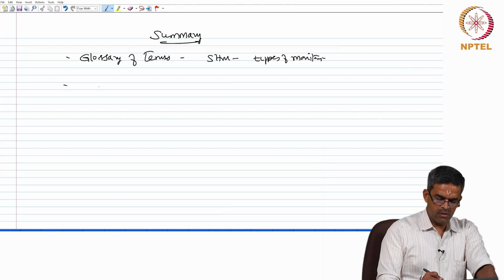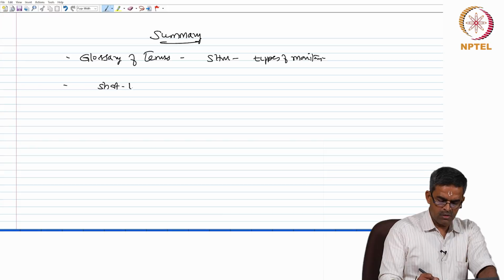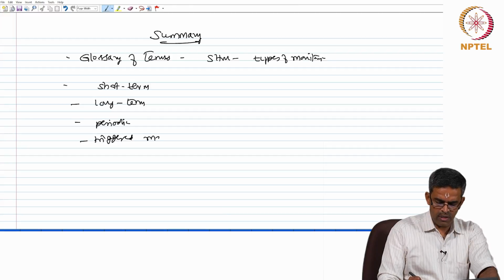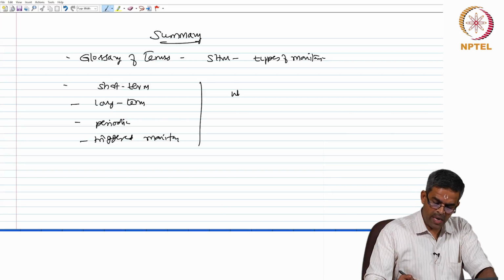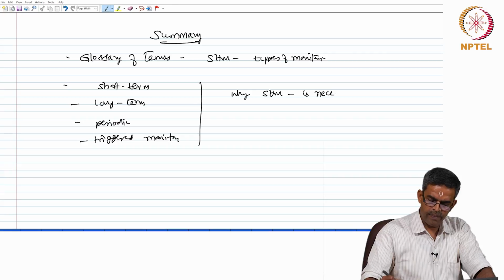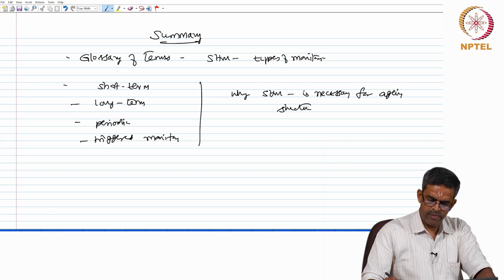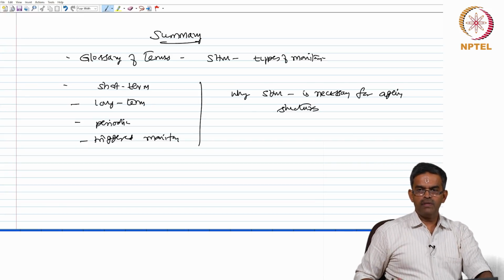We also learnt something about short term, long term, periodic and triggered monitoring. We also understood that why structural health monitoring is necessary for aging structures and so on.